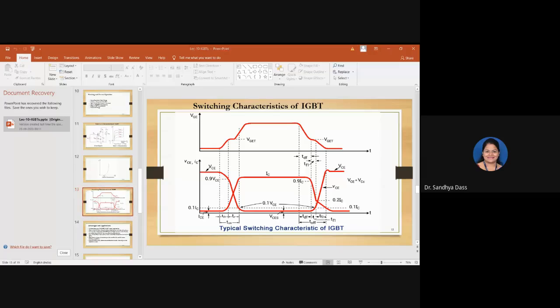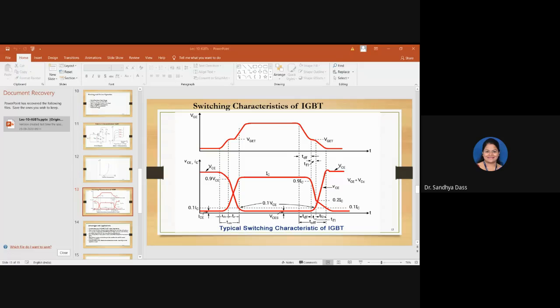So tell me, what do we look at when we are observing the switching characteristics? At the beginning of the session, I said, what is switching characteristics? What do we look at? Yes, exactly, correct, Ligina. Thank you. It is nothing but T on and T off. That is the time taken for the device to turn on, that is switching from turn off to turn on condition.